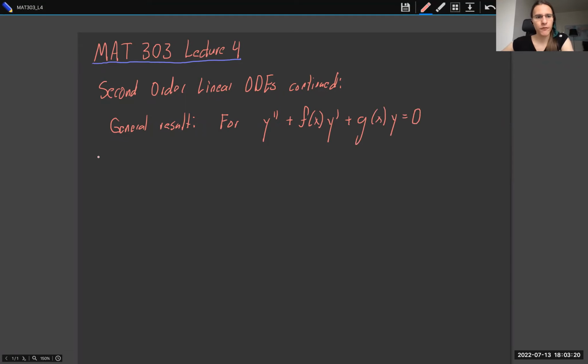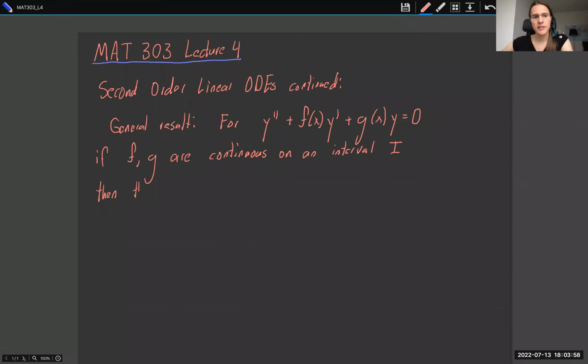If f and g are continuous on some interval, so in particular, if f and g fail to be defined, then the theorem would only apply to intervals in which they are successfully defined.